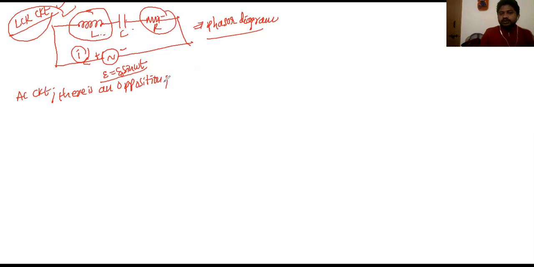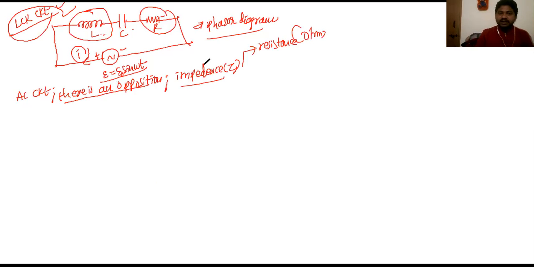You know that this opposition to the flow of current is called impedance. This impedance is denoted with the symbol Z. That impedance is nothing but resistance only. The SI unit is ohm. No confusion. That impedance is Z.